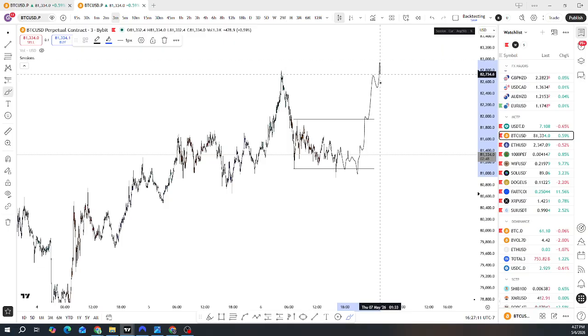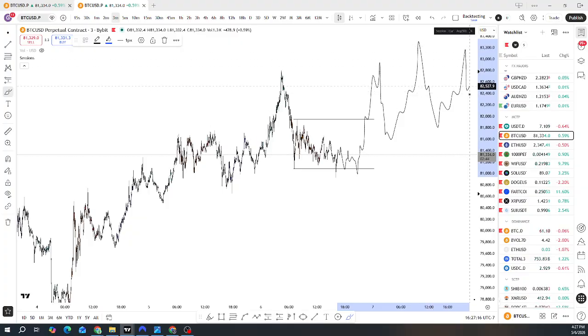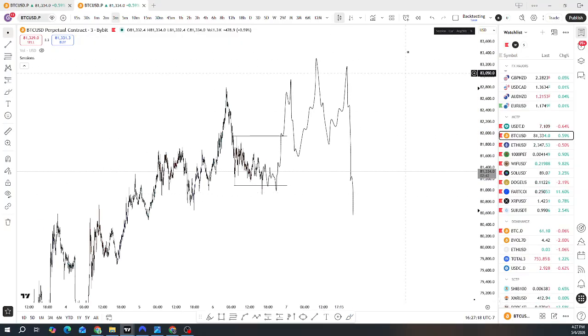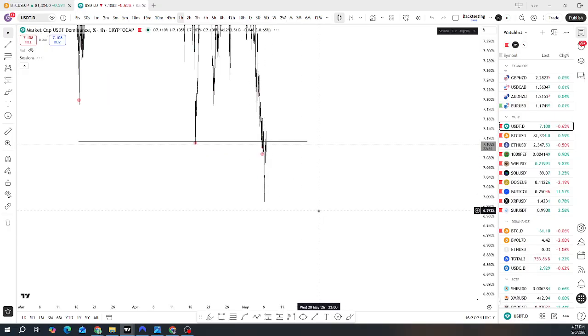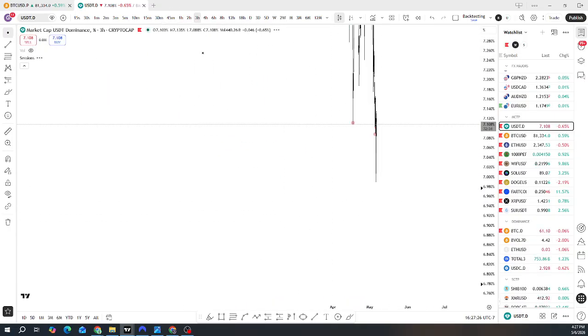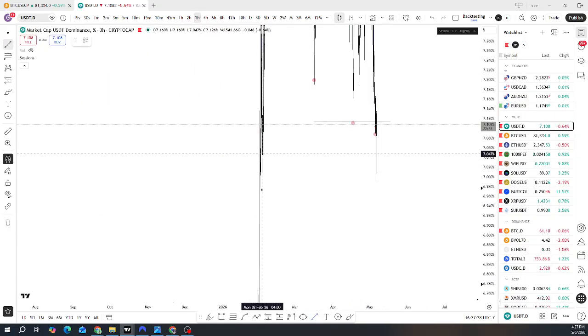That's going to push price up, and then we can have that higher time frame distribution right here that can actually have the fuel to create that bearish rotation, and then simultaneously we can have USDT actually sweeping this key POI here.